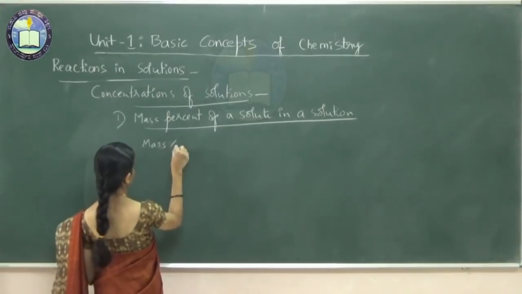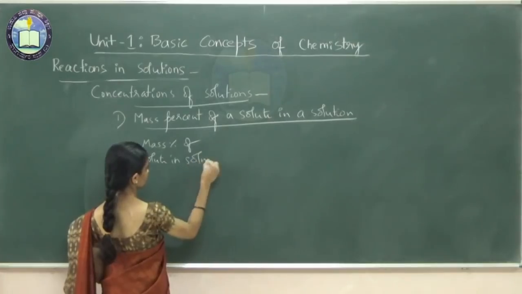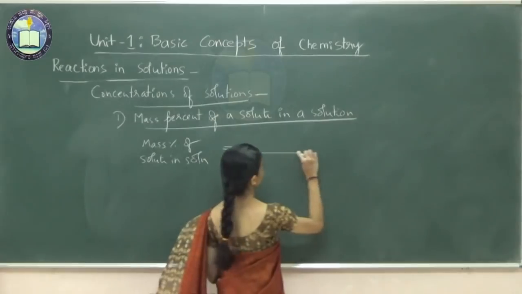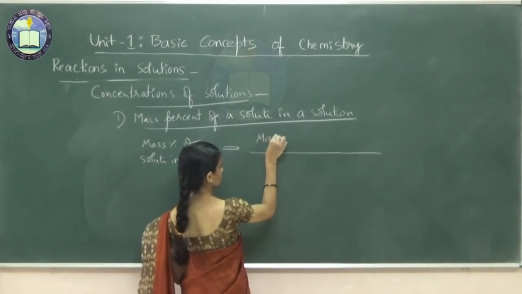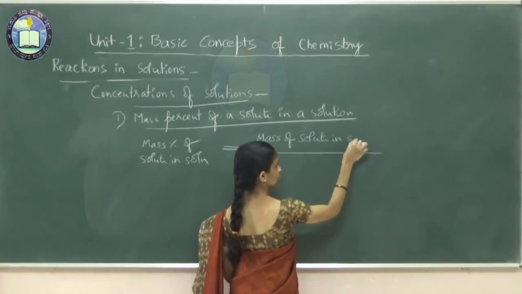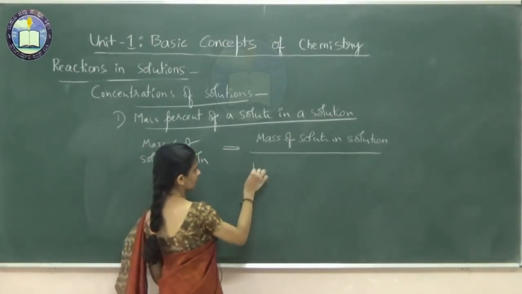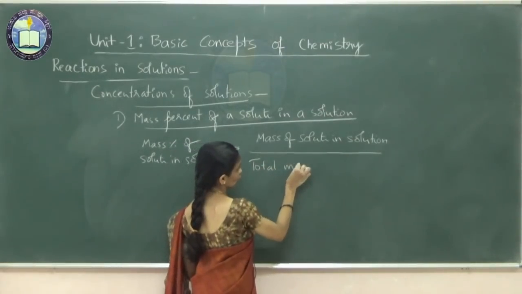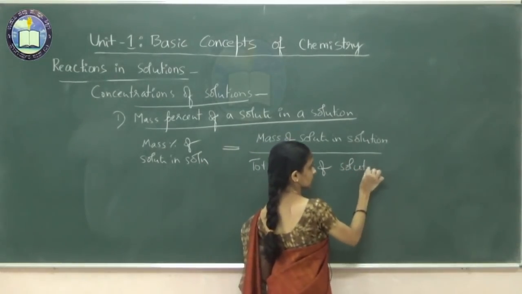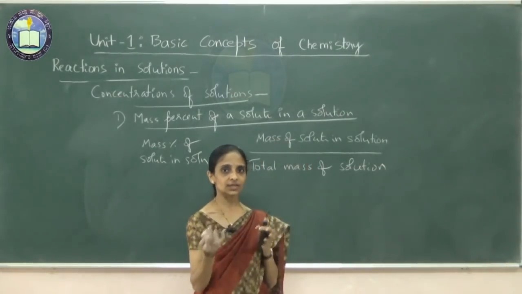Mass percent of solute in solution is defined as, or it is equal to, mass of the solute in the solution divided by the total mass of solution. Solution includes in it solute and the solvent.